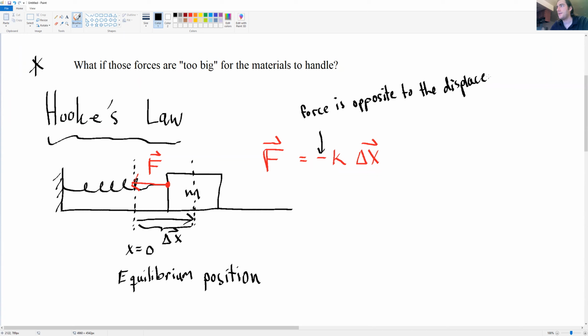We've already talked about this, so I'm hoping this sounds pretty familiar to you. And because of this minus sign, we call this force a restoring force.